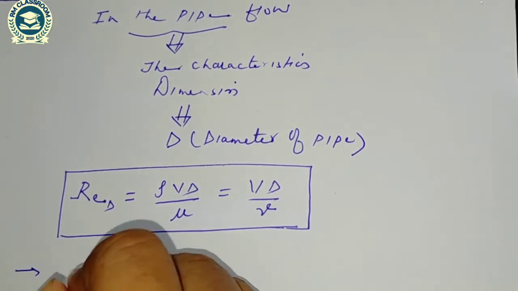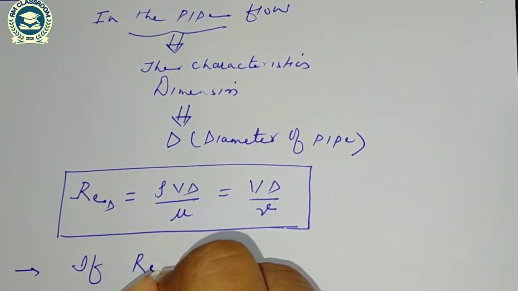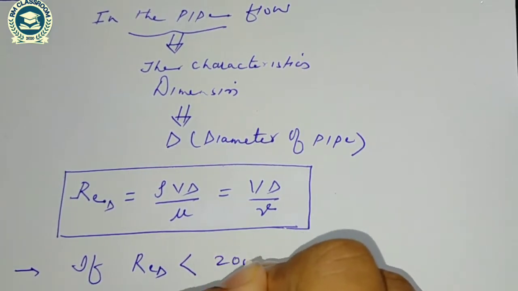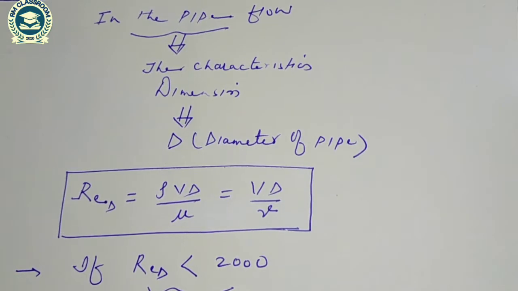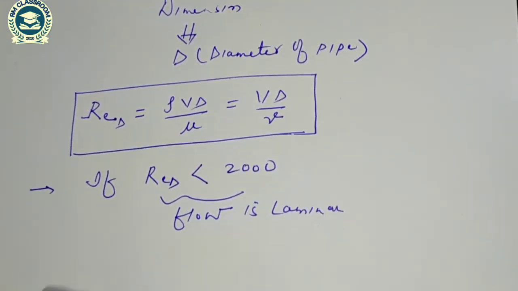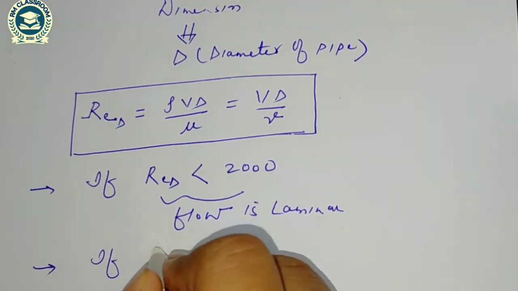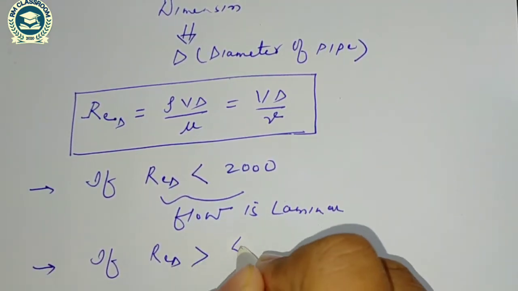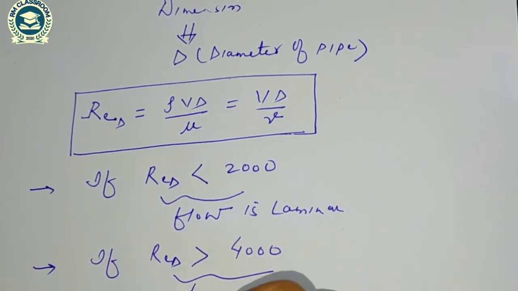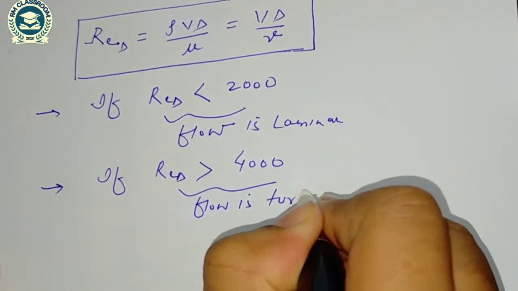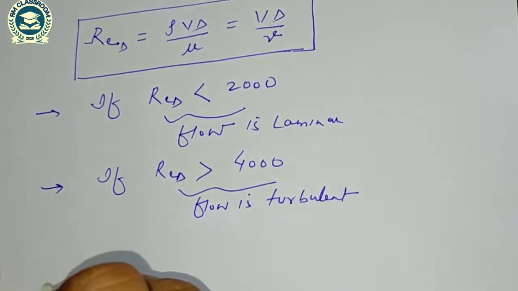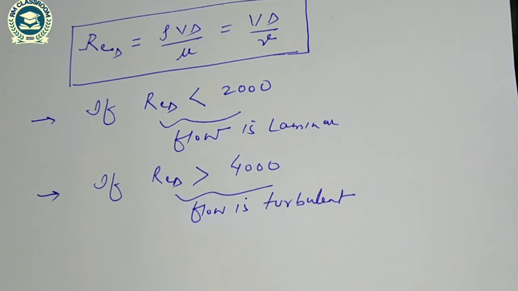So if the Reynolds number is less than 2000, our flow is laminar, and if the Reynolds number is greater than 4000, flow is turbulent. If the Reynolds number lies between 2000 and 4000, then there will be transition flow.